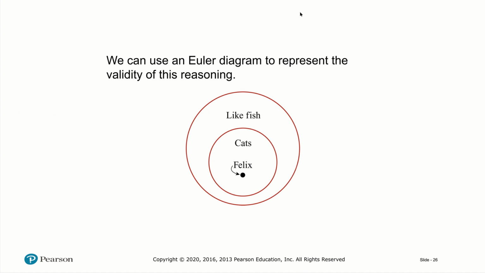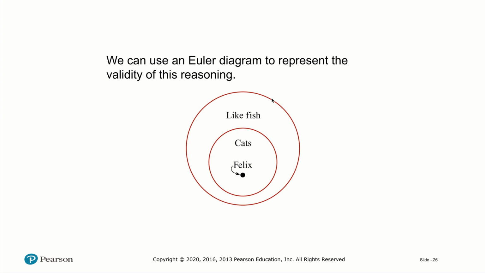One way we can represent this is using what's called an Euler diagram. Euler is one of those mathematical giants whose fingerprints are all over mathematics. Notice that in this kind of diagram, you represent the different classes with these circles, right?